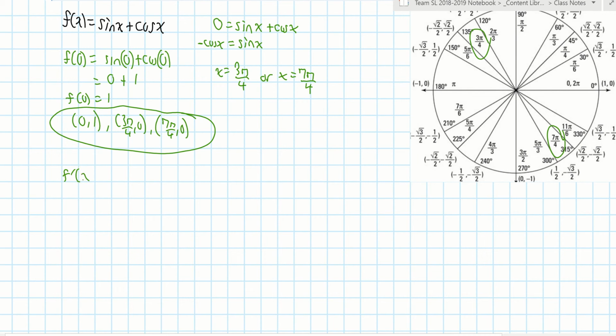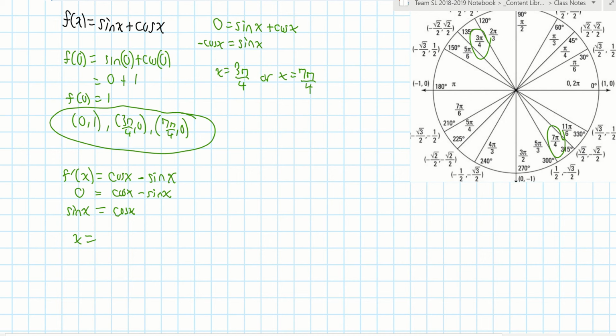We must take the derivative. And we get cosine x minus sine x. Go ahead and solve for 0. Solve for x, I mean. Then we get cosine of x equals sine x. So when is cosine x equal to sine x?